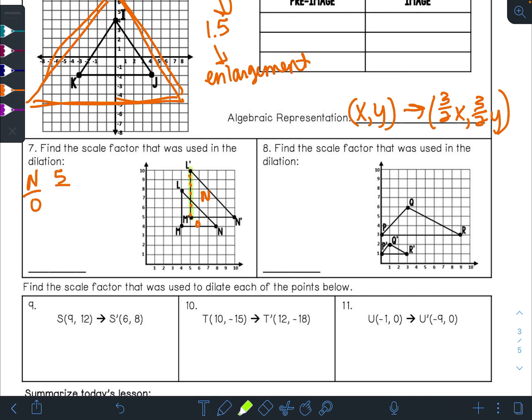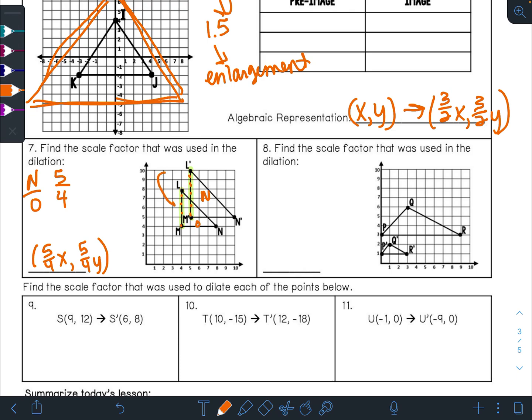I'm going to pick the corresponding side of my original shape, and I'm going to count 1, 2, 3, 4. So my scale factor is 5/4, and so my rule would easily be 5/4 x, sorry, and then 5/4 y.